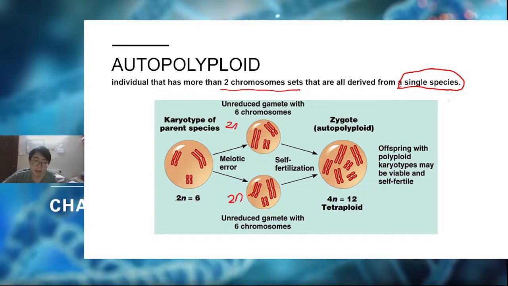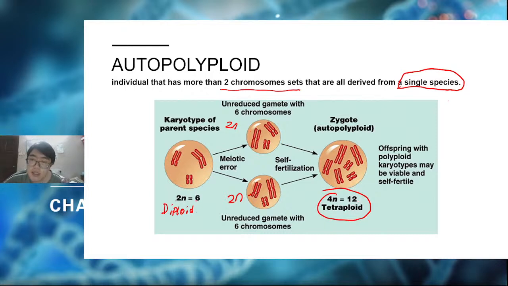If you see this gamete, the gamete also remains 2N. And then they fertilize. After they fertilize, they will get 4N, tetra. So this is tetraploid. 2N is diploid, right? Yang ni 4N kami panggil tetraploid. Because of this, dia sudah ada 12.